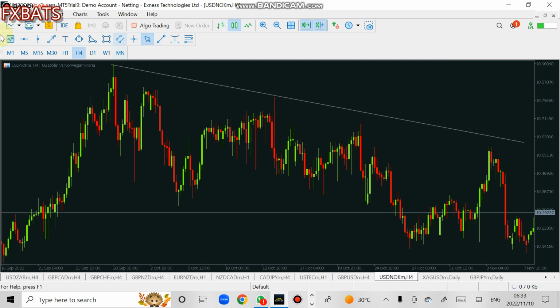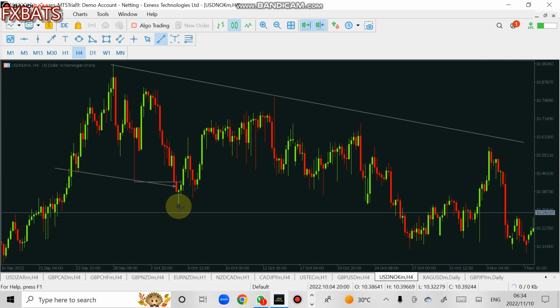The way I mark my valid break of structure is actually by the candles. I have to make sure that a valid break of structure has a candle closing below or above, depending on the direction of the trend I'm anticipating.